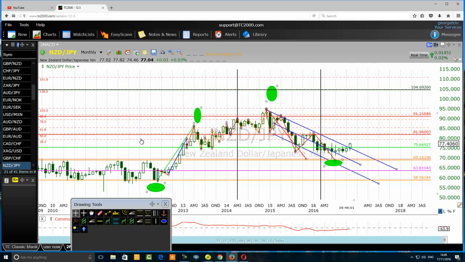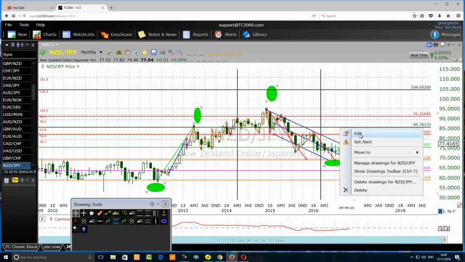So the 50%, as you can see, is 8196. Just adjust it. Okay, that zone 8196. And the next resistance that you must not forget. There are other key levels here that you must not forget. Color this one into pink.